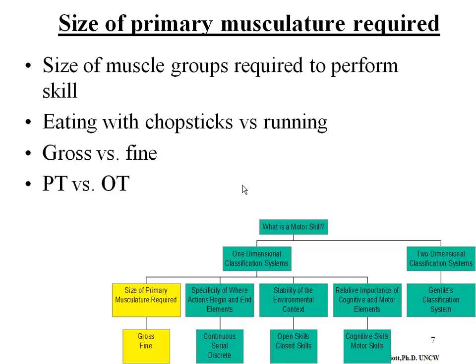In education, the use of the gross versus fine distinction is pretty popular for things such as designing curriculum and tests, especially in areas such as special education or adapted physical education.